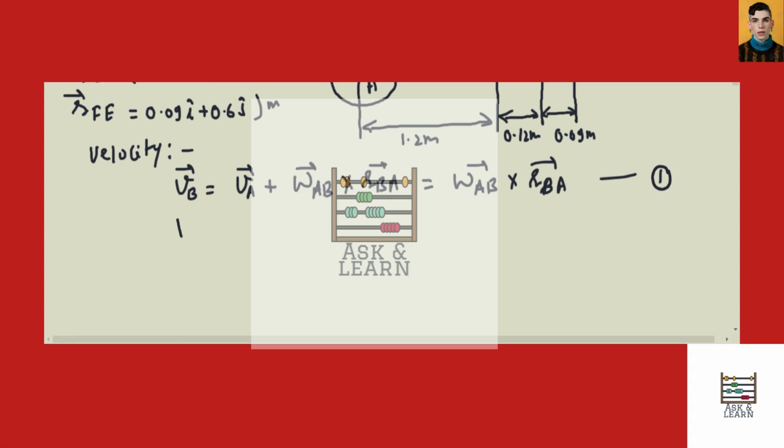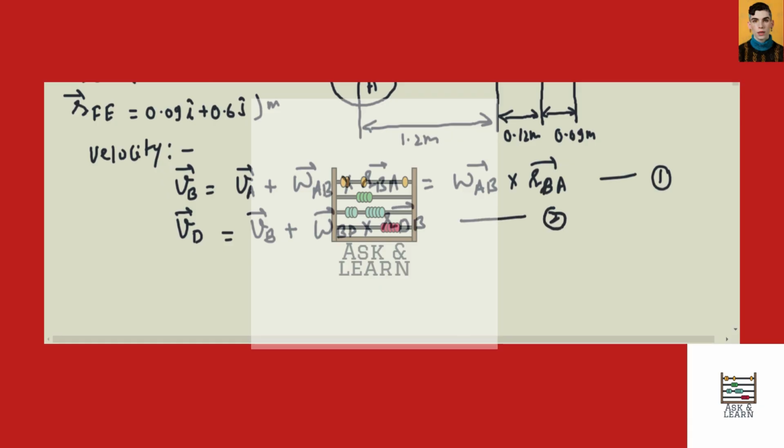Now velocity of D point is equal to velocity of B plus omega BD cross r_DB vector.